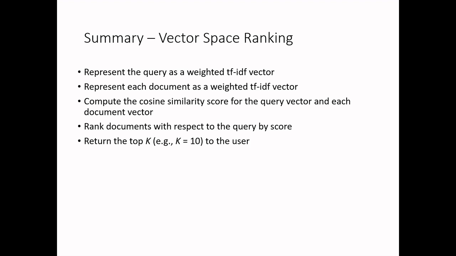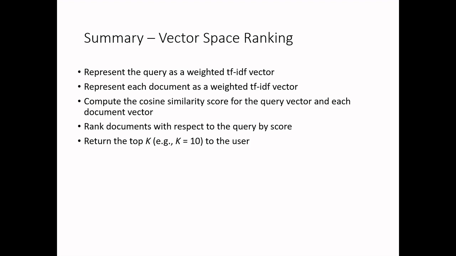And since we have a range of values, what we can do is we can rank the documents in terms of their similarity. So given a query vector, we will rank the document at the top rank if that document has the highest similarity with the query vector. And then the next document which has the next highest similarity will be ranked number 2, and so on and so forth.